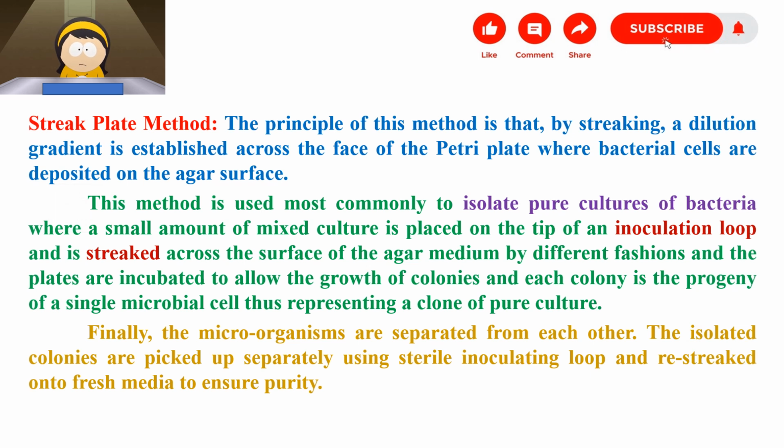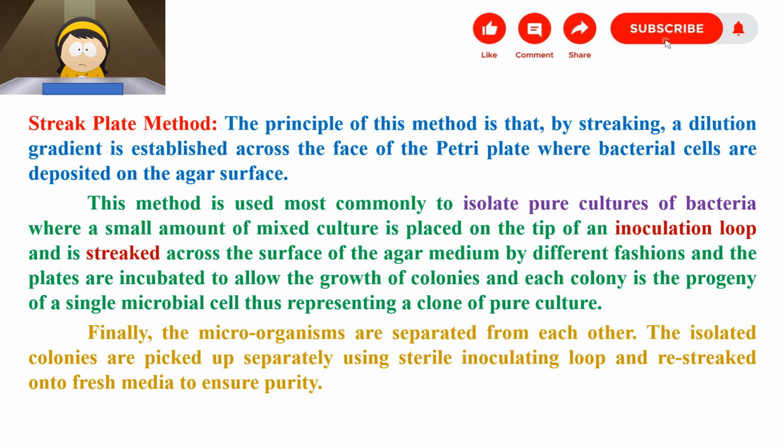Streak plate method. The principle of this method is that, by streaking, a dilution gradient is established across the face of the Petri plate where bacterial cells are deposited on the agar surface.